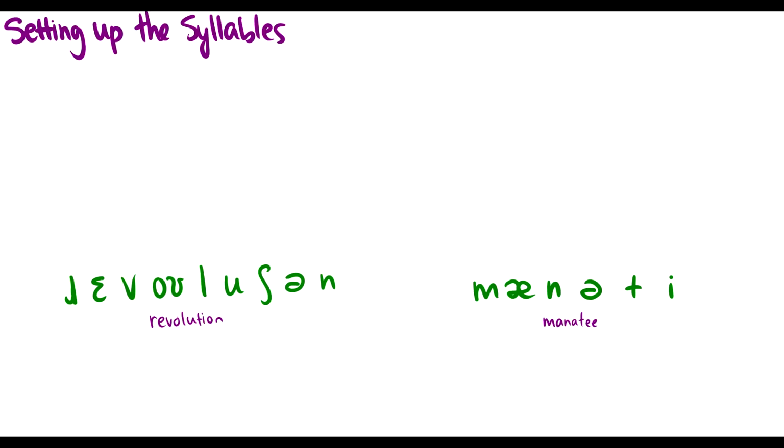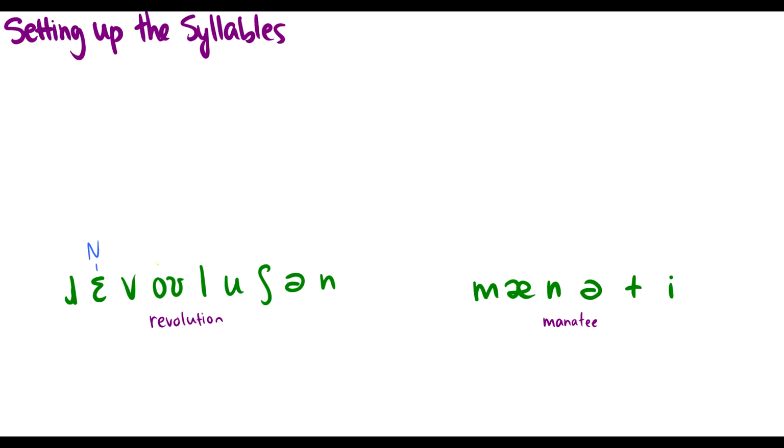Lastly, how do we set these up? So again, we did the sonority hierarchy before, but there's other ways to do this. The most important part, and the first part, if you don't want to do all the sonority hierarchy stuff, you don't have any intuition about the language, start with the vowels and put nucleuses above those.